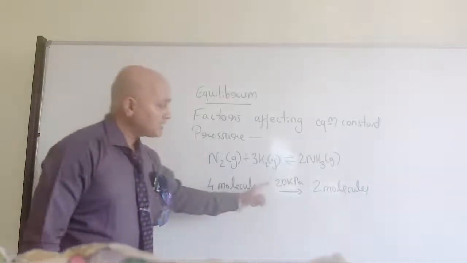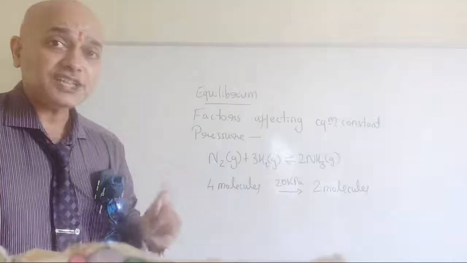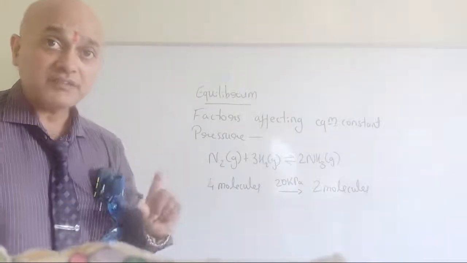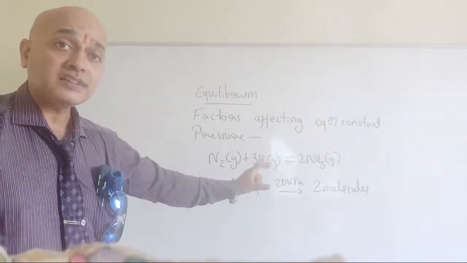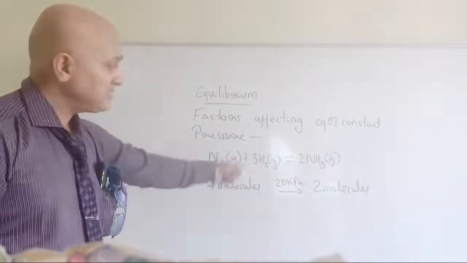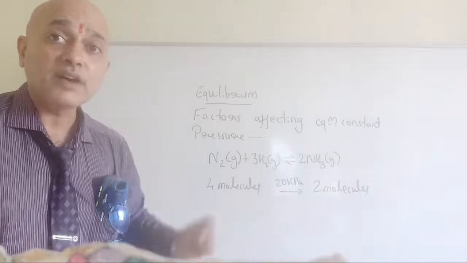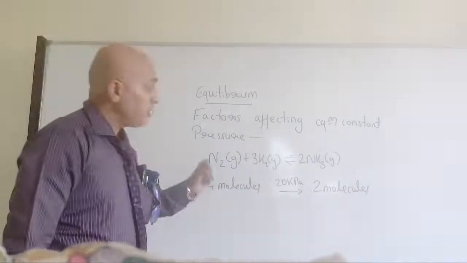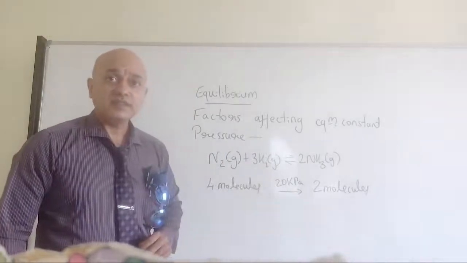When I am applying such a high amount of pressure, the reaction will shift towards the side with fewer gaseous molecules. That means in this case, the forward direction, towards the synthesis of ammonia. Got my point? That is the importance of pressure in this particular reaction.